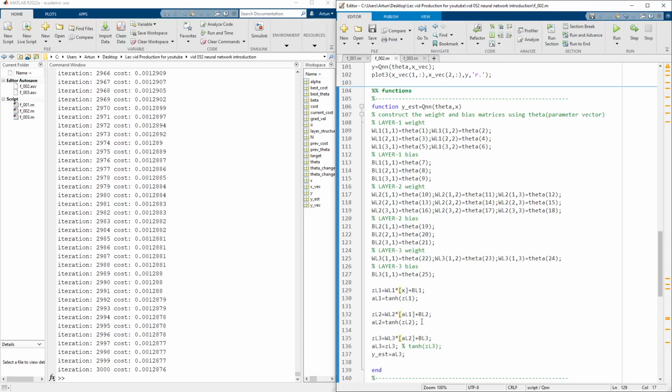Here the output of that layer is the input to the next layer, which is layer number 2. Again, this is the output A2, the output of layer 2, and the output of layer 2 is the input of layer 3. We don't have any activation because this is the output layer.